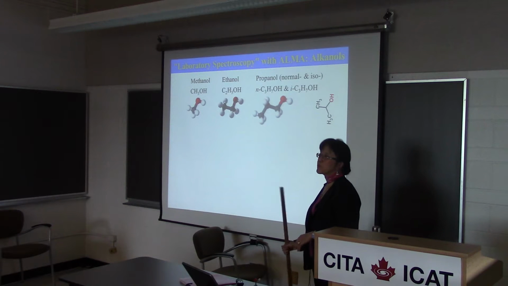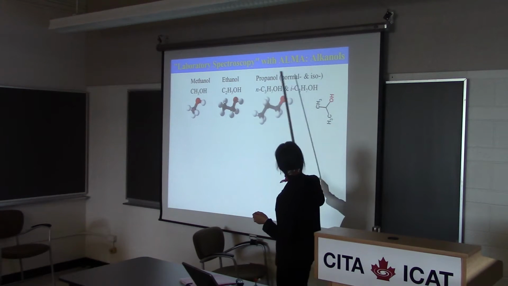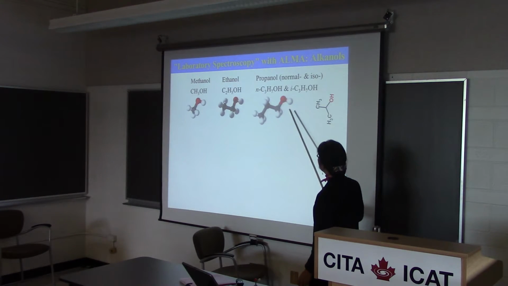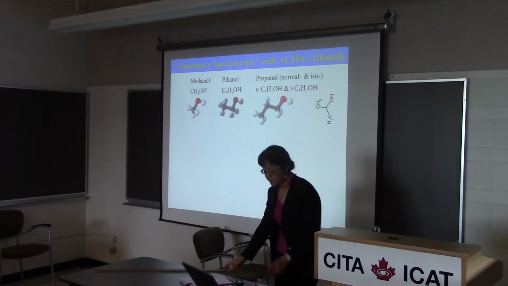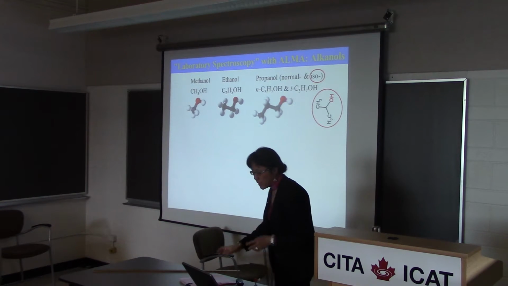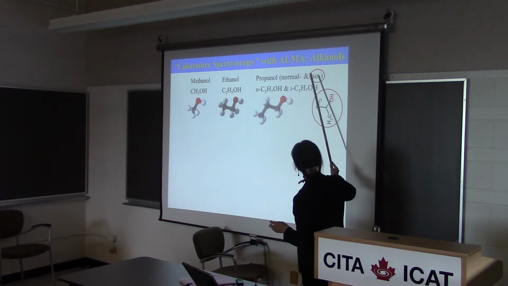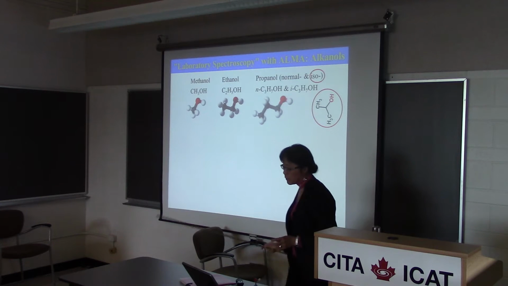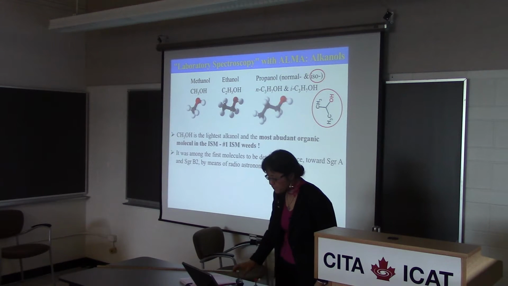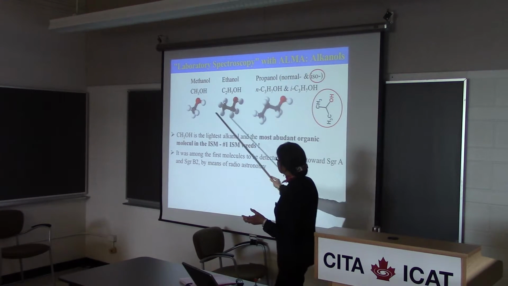So now I want to show you some ALMA spectra for this series of molecules. It's the alkyl series, starting from methanol, ethanol, and propanol, and I also have two forms. As I said, I haven't shown you yet, but believe me, I'm going to show you that through the ALMA survey we have identified the isoform, which is the branched form. The simplest alkyl alcohol is methyl alcohol.